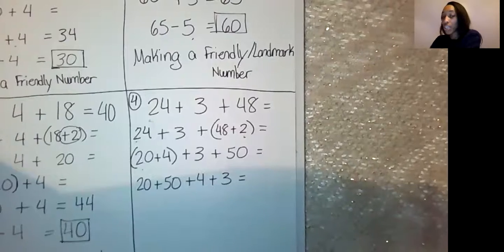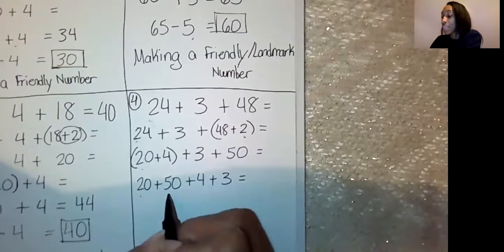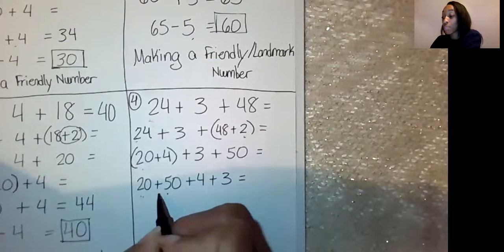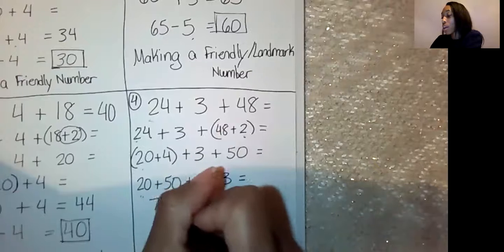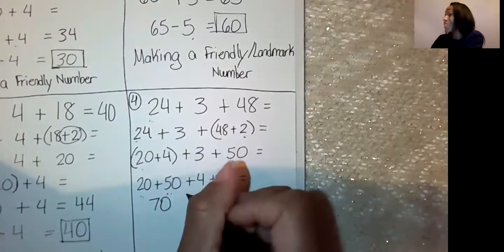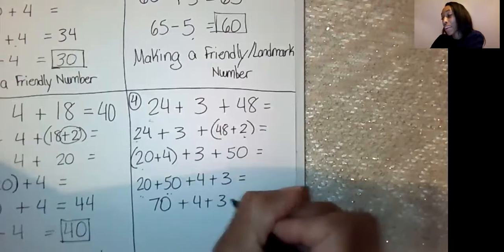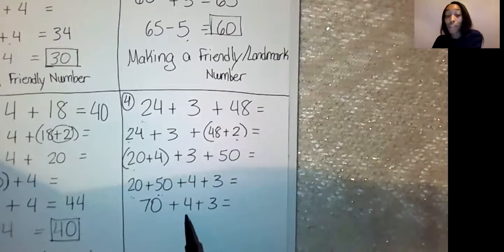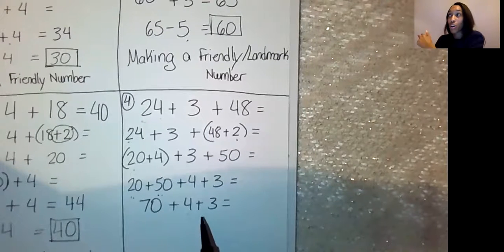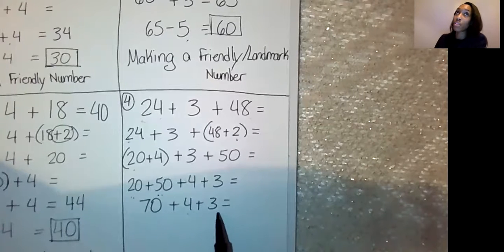Okay, this looks easier to add already. So 2 10s and 5 10s, or 20 plus 50, when I add those, gives me 70 plus 4 plus 3. I know that 4, and I count on to 7, or I just know that 4 plus 4 is 8, and take away 1, so doubles plus 1, doubles minus 1 is going to give me 7.